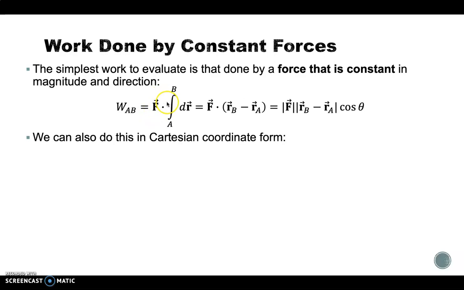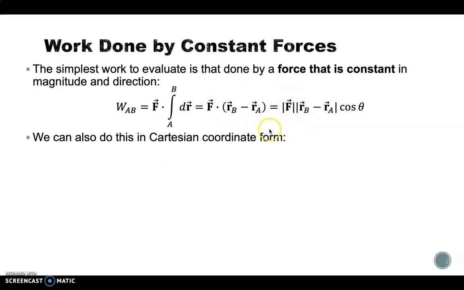Now we have F dot the integral of dr, and we can take this integral and solve it. So we have F dot r at B minus r at A, and these are still vectors.